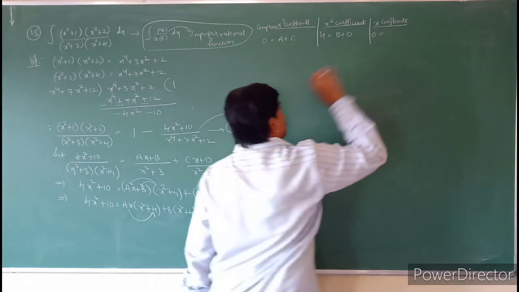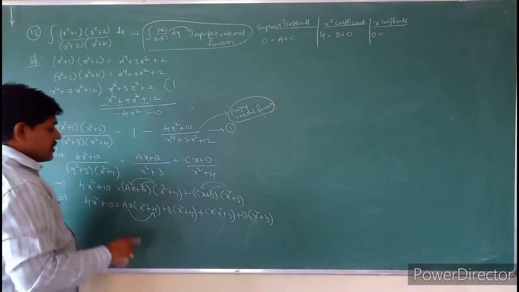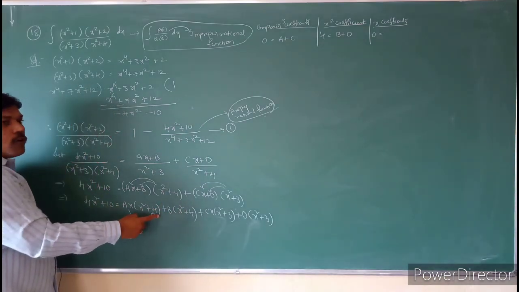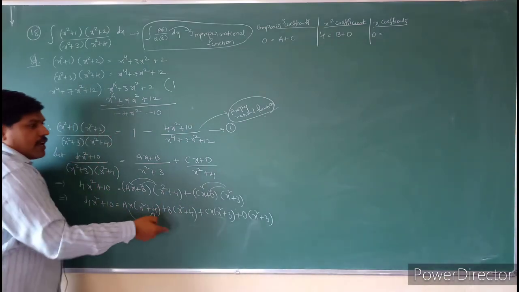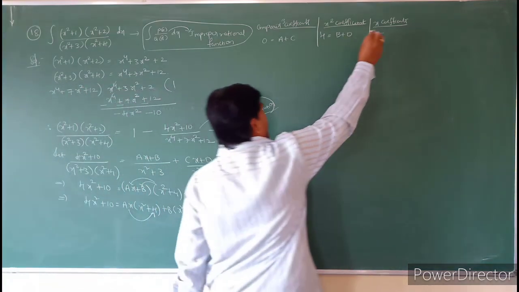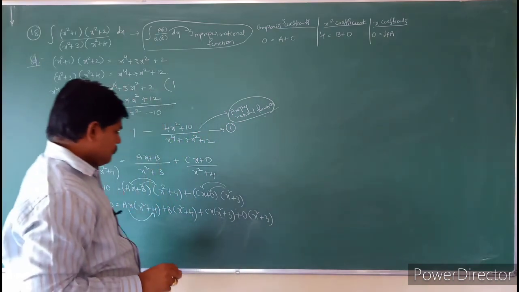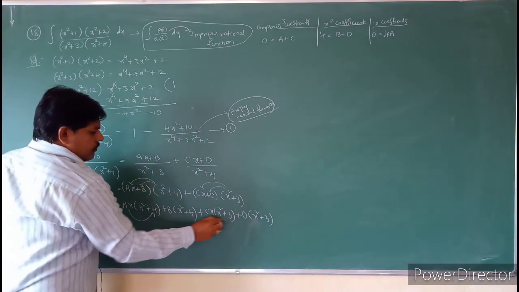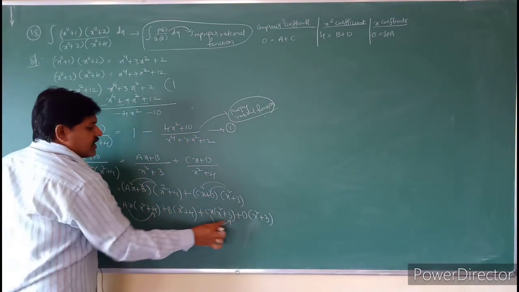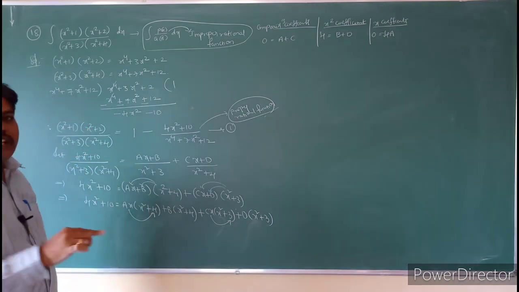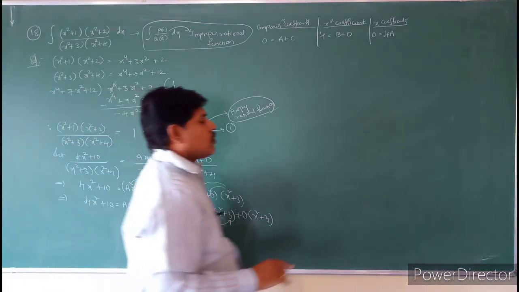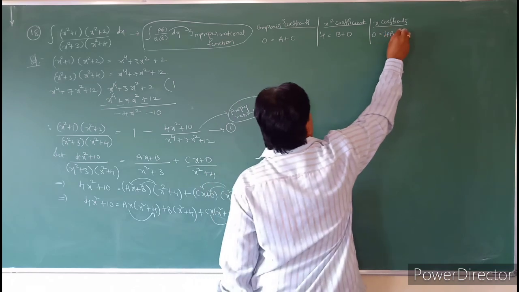So 0 is equal to, what is the RHS? Ax into 4 is 4ax. So the x coefficient is 4a. And cx into 3 is 3cx. The x coefficient is 3c.